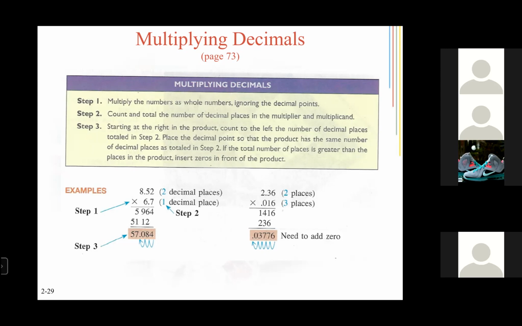Okay? So in some cases, you'll have to do that. Of course, with the calculator, you don't need to follow that, but in case your calculator doesn't work or you have to do it manually, then you know how to determine the point for your result.